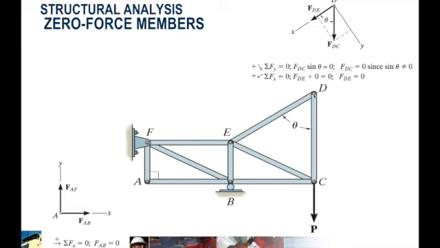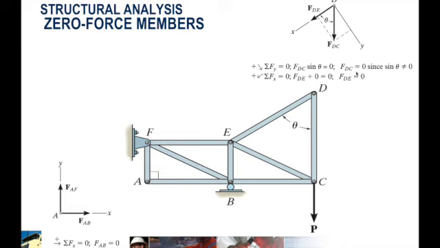So for joint D, this is the free body diagram. If you do a summation of forces in Y, there is no other Y component other than the component of FDC, and FDC sine theta is equal to 0, since the sine of theta is not equal to 0.